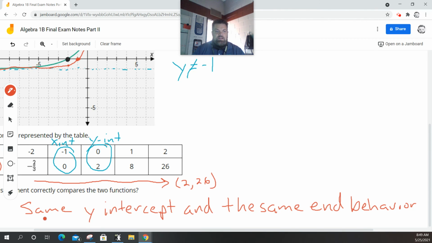And just to clarify, as x approaches infinity, okay? So as x approaches infinity, both y values also approach positive infinity.